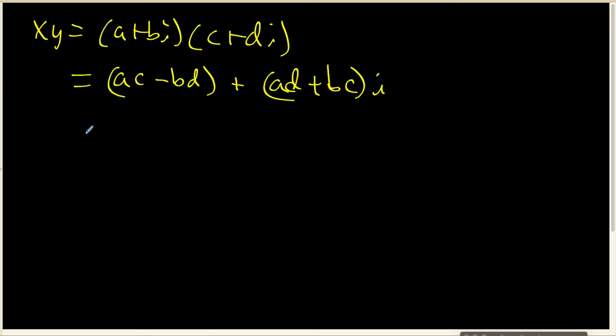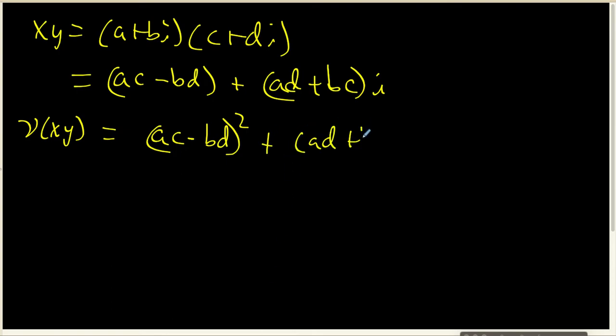And what I now want to do is look at nu of x times y. Well, that's going to be ac minus bd, quantity squared, plus ad plus bc, quantity squared.